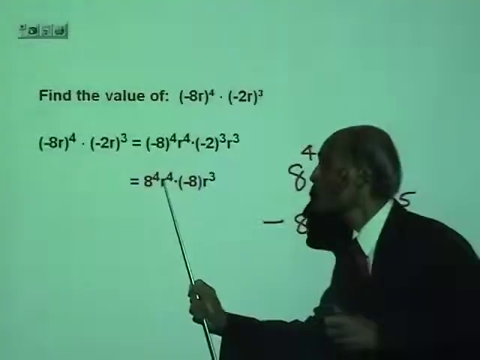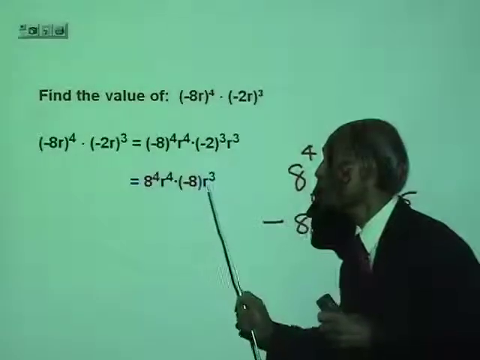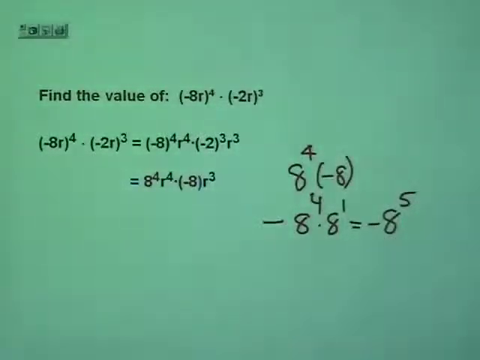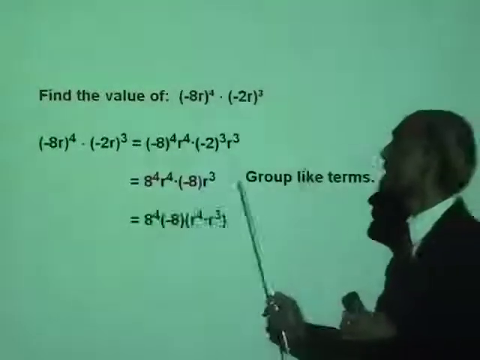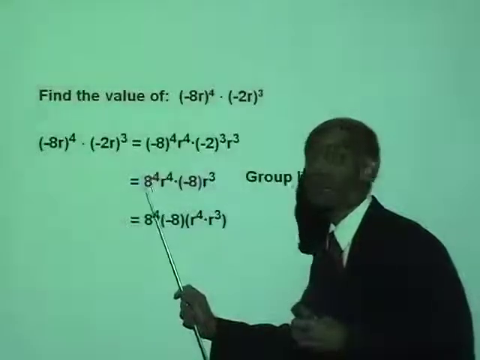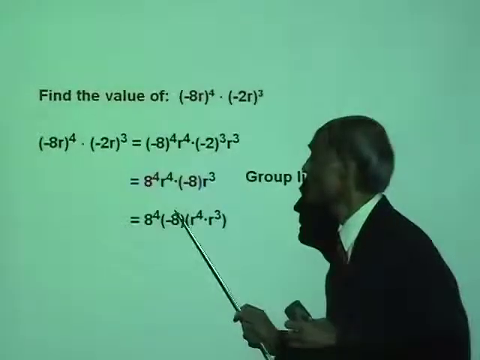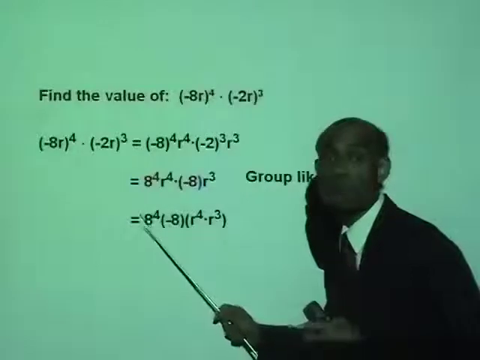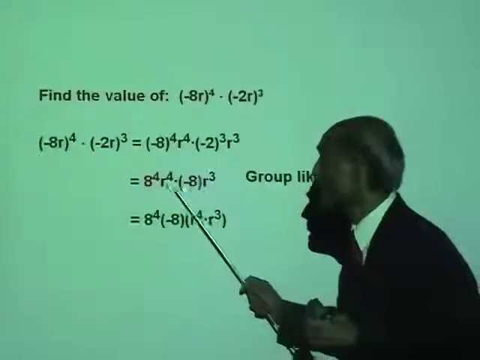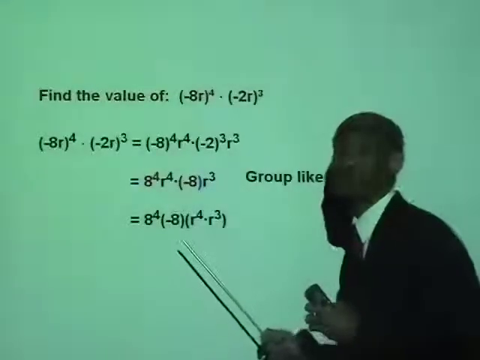And then you can combine r to the power of 4 and r to the power of 3. What will that be? The base is r, so we group like terms. That will be 8 to the power of 4 times negative 8. That means we write the expressions with base 8 together, and now we combine expressions with the base r together.